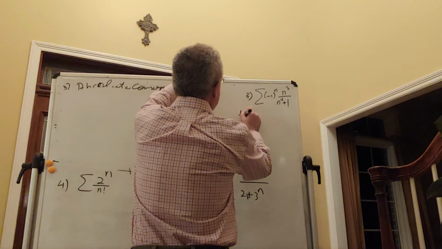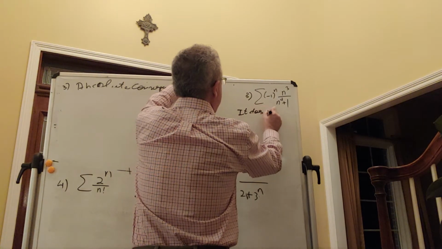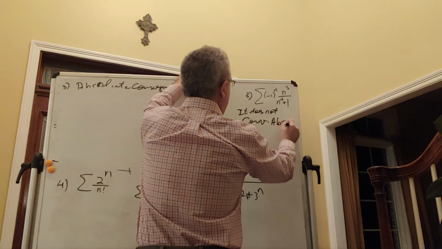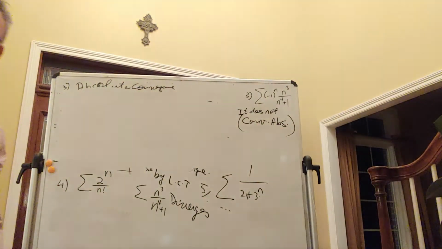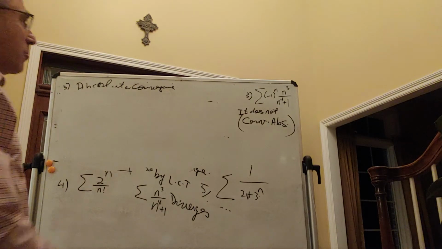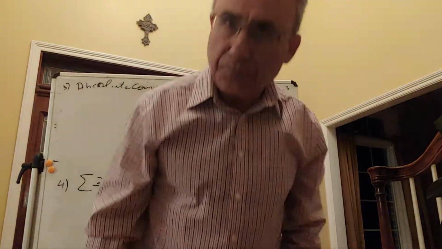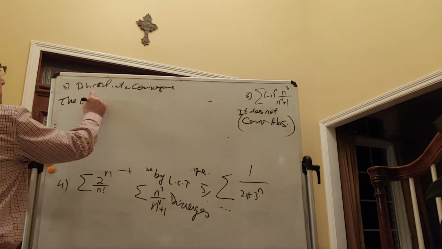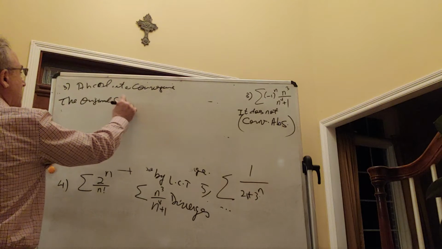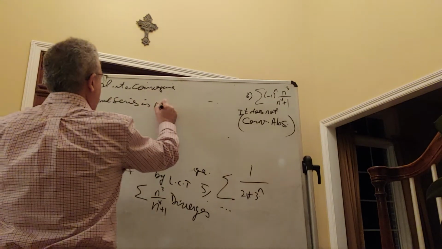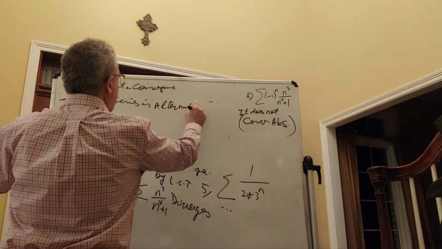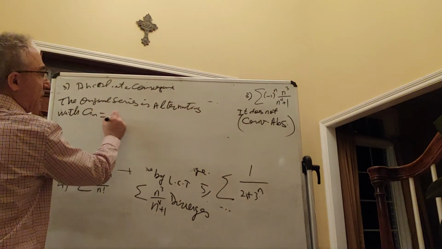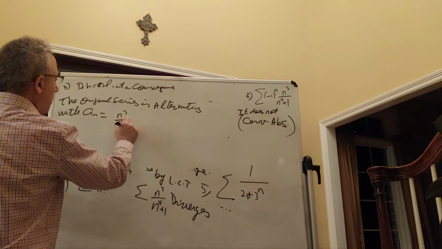So, conclusion: it does not converge absolutely. Now, let us test for convergence. The original series is alternating with an equal to n cubed over n to the fourth plus 1.